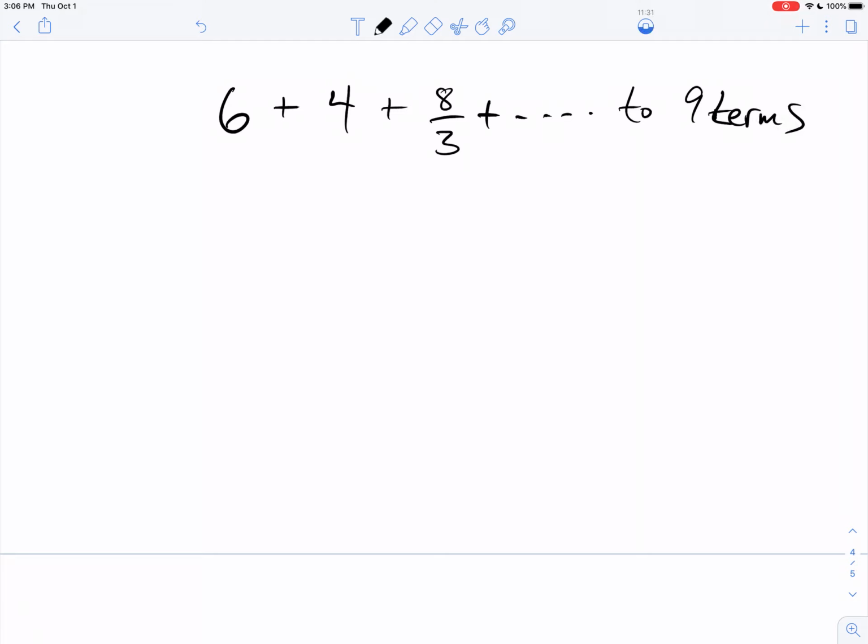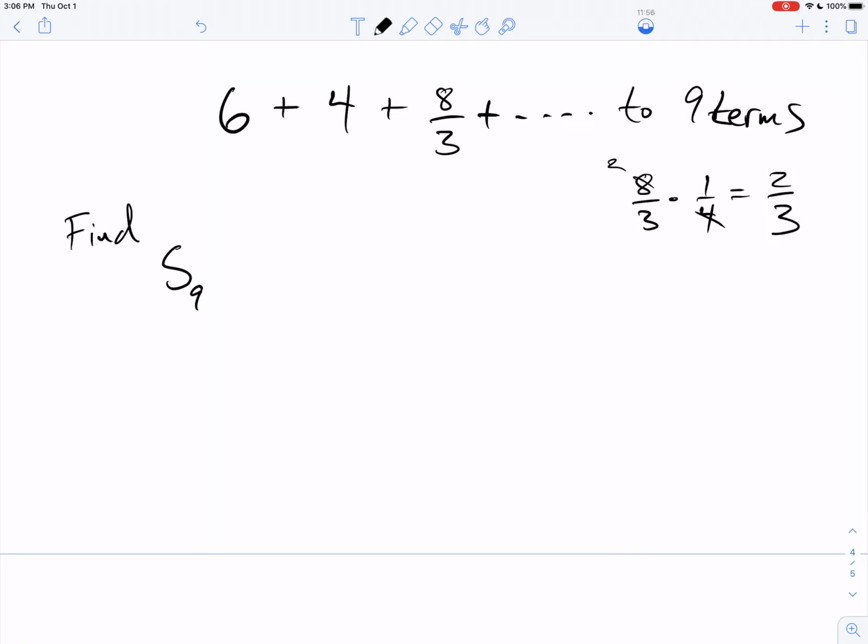Or they could just show you the list and say something like this: find S sub 9, which means the 9th partial sum. But, once again, take any number in the list, divide by the one that came before it. So if I did 8/3, let's just say 8/3 divided by 4. Well, divided by 4, I'm going to flip and multiply. Oh, I get 2/3.